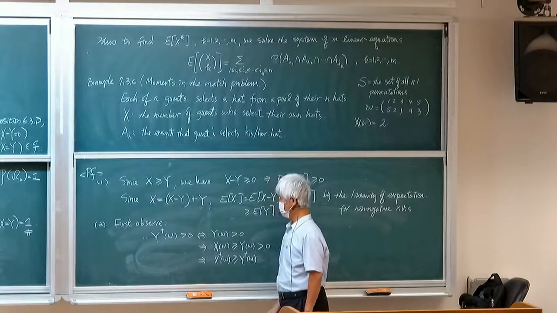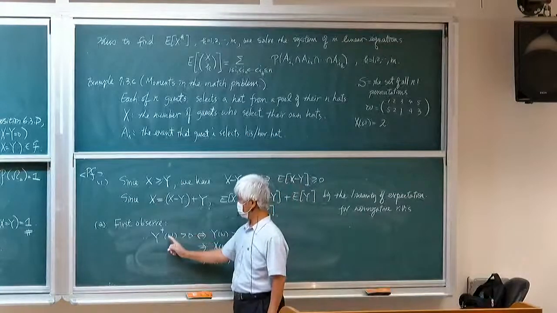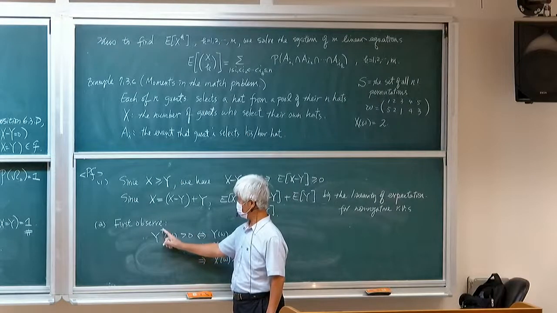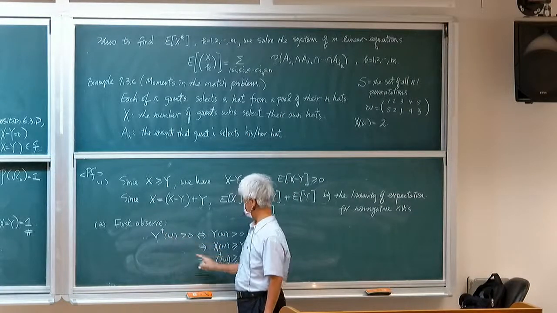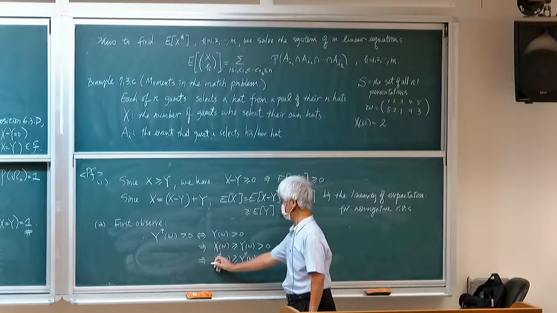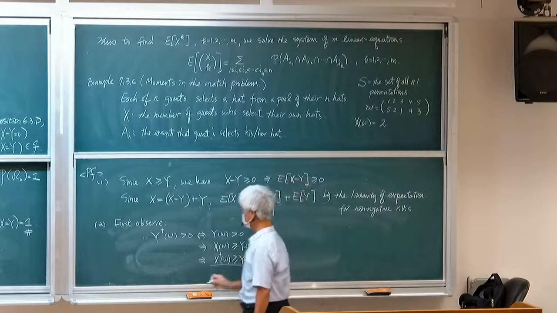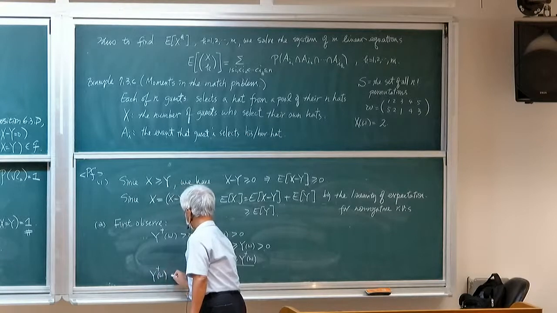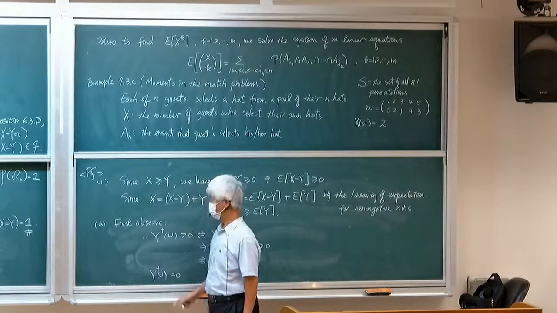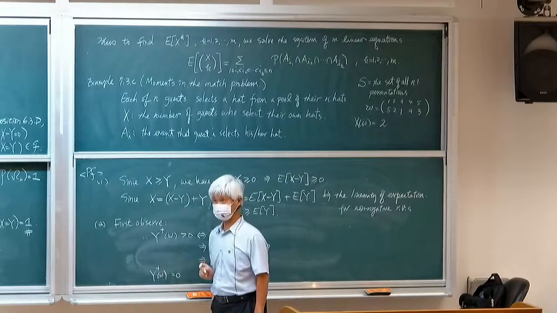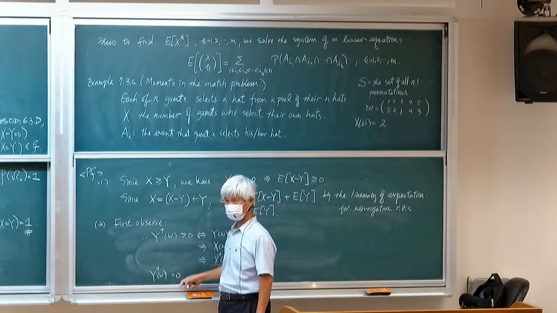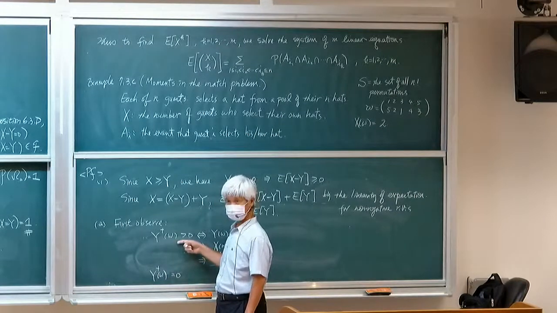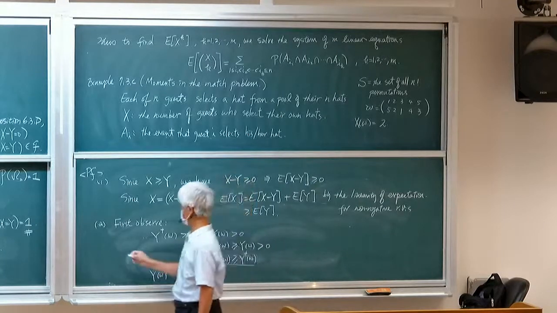So when y plus omega is greater than 0, then we have this inequality. The other case is when this is equal to 0, because the positive part is always non-negative. So there are only two cases, right?